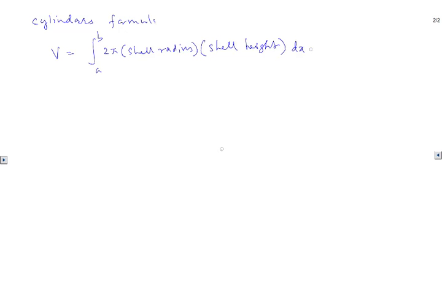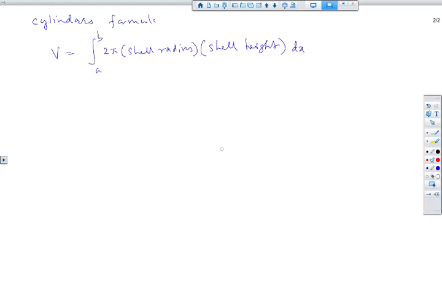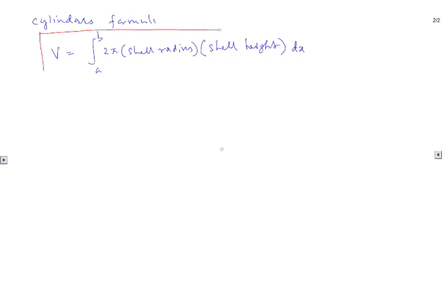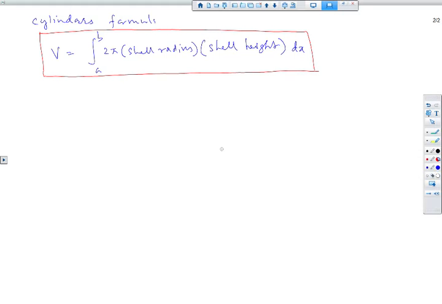I just write dx depending on the direction. So that is the formula we have. This works for any situation. Good, so let's do some examples.